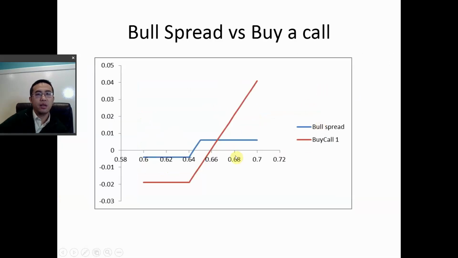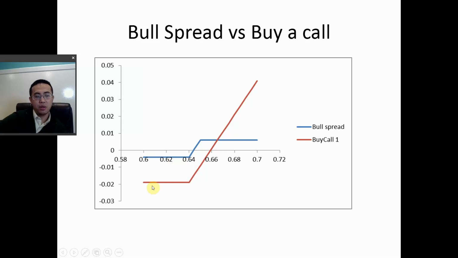So if you compare a bull spread versus simply one call, this is the profit curve for buying the first call option, which has the lower strike price. And you can see that a bull spread is more stable. When the rate goes very low, your loss is limited with a bull spread.